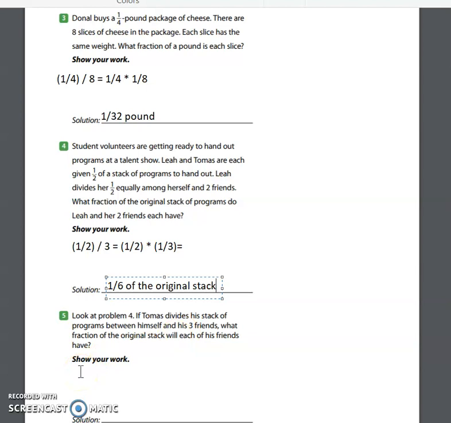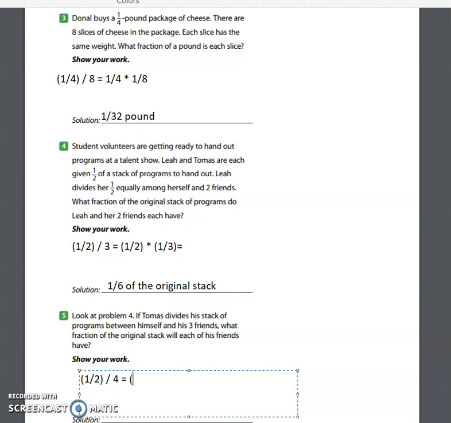Question 5 says, look at problem 4. If Thomas divided his stack of programs between himself and his 3 friends, what fraction of the original stack will each of his friends get? Therefore, we will start with his half of stack he got, and we will divide it amongst he and his 3 friends, which will make 4 of them.